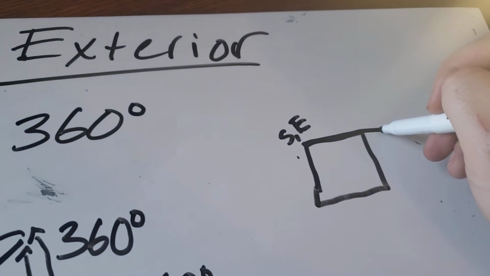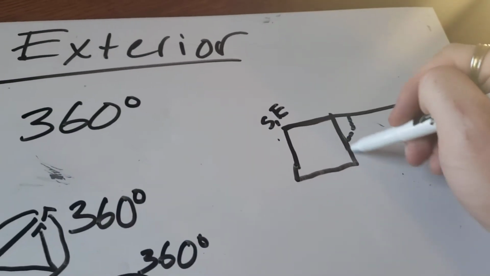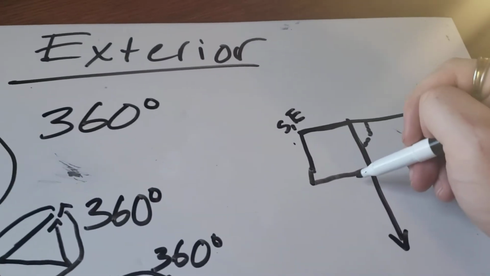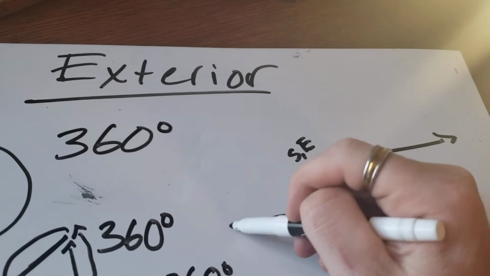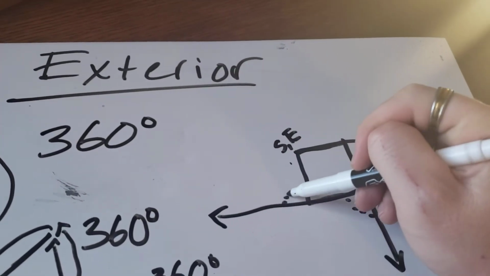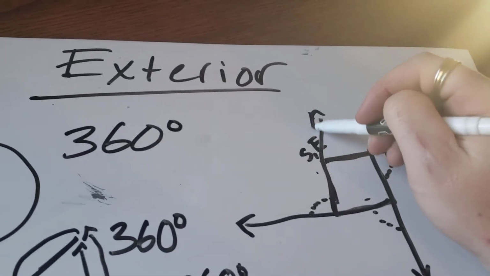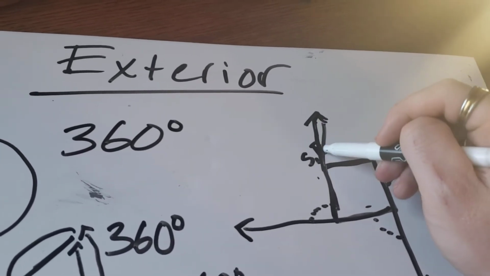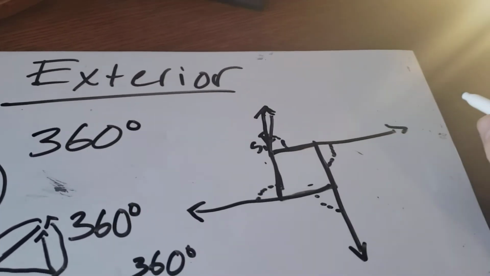We've got to turn this amount to stay on course. Now we're traveling this direction. We've got to turn this amount to stay on course. This direction, turn this amount to stay on course. This direction, sorry, it's a little sloppy. This direction, and we've got to turn this amount to end up right back where we started.